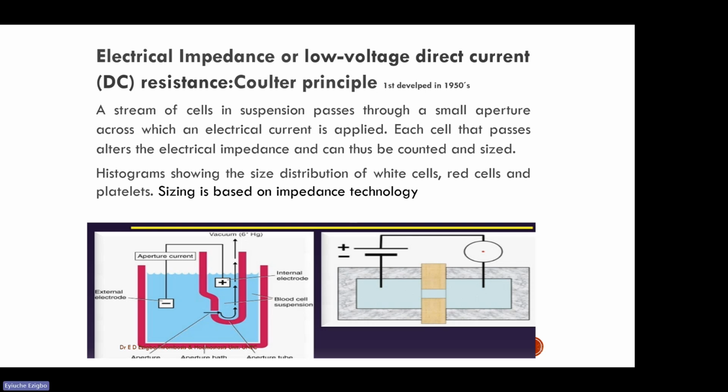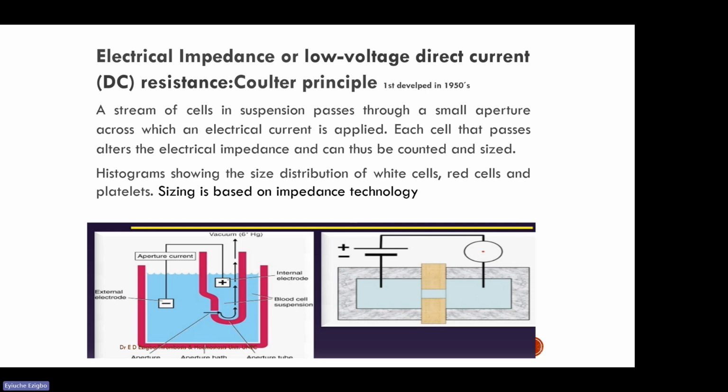When you look at this diagram, as the cells suspended in this fluid move past this small aperture, the resistance generated as the cell moves across the aperture is what the Coulter principle uses to count the number of cells in a suspension.